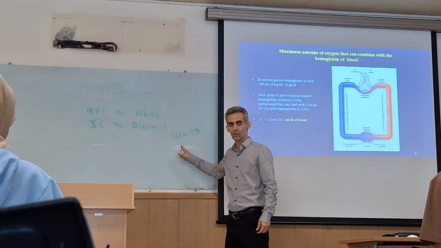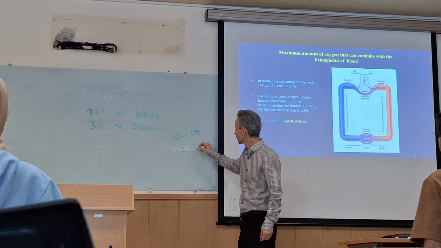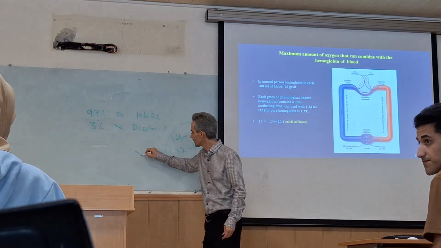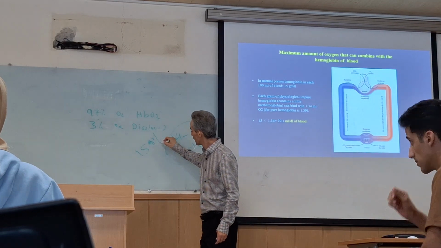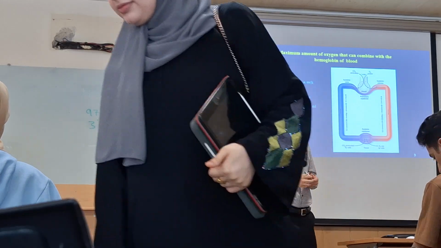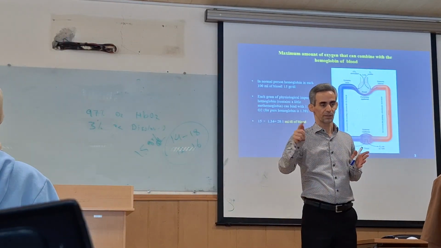For female, it is between 12 to 16. The average of all of this is 15 grams of hemoglobin in each deciliter. And you know that each gram of hemoglobin can bind 1.34.